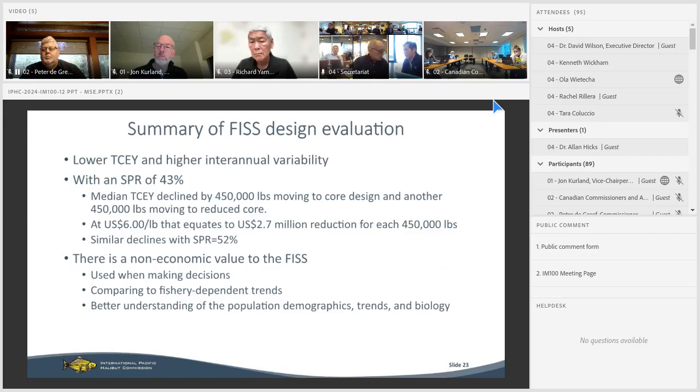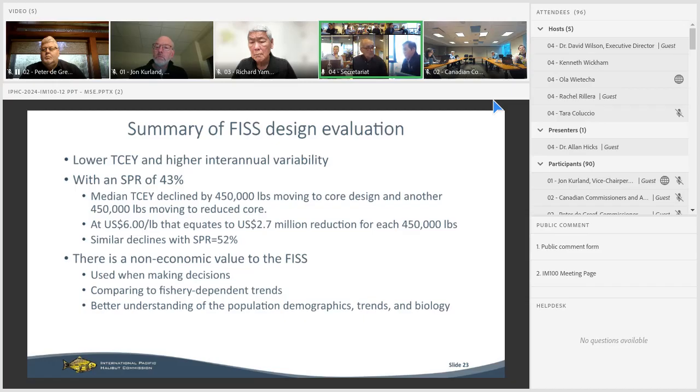So to summarize, the FISS designs had this lower TCY and higher interannual variability. And to note, with an SPR 43%, in discussions with the SRB, the median TCY declined about 450,000 pounds moving from the base block to the core design, and about another 450,000 pounds moving to the reduced core design.